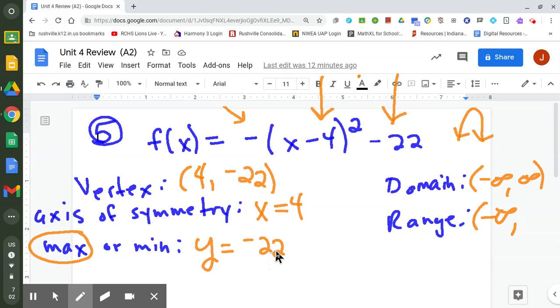And then the highest y value we already discovered over here was negative 22. So that might also look like this in MathXL. Okay, so there are 2 ways that that can be written.